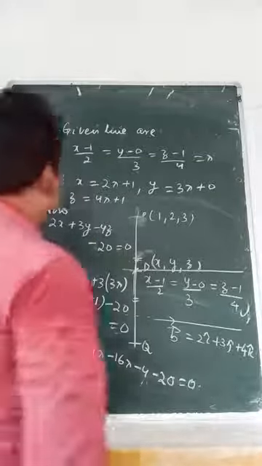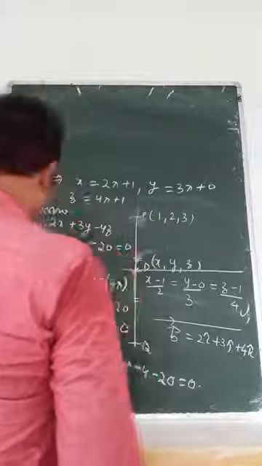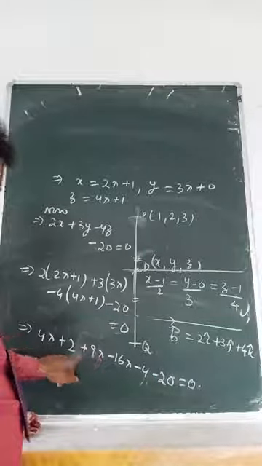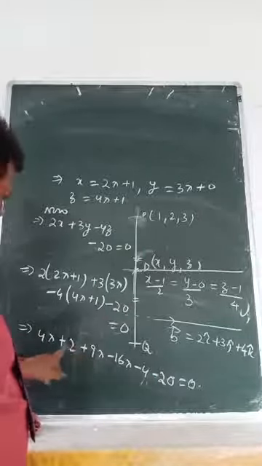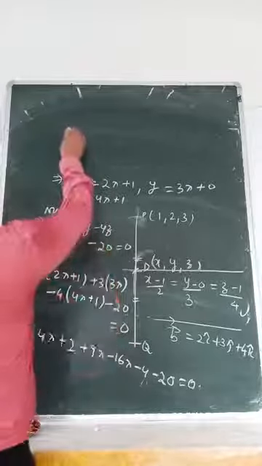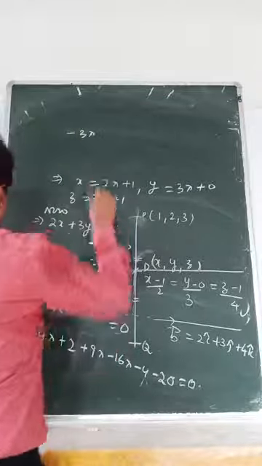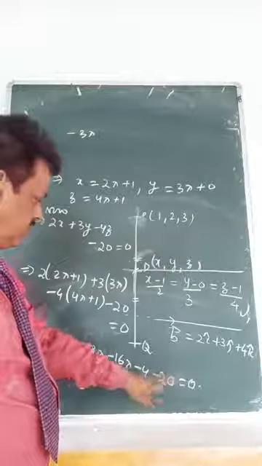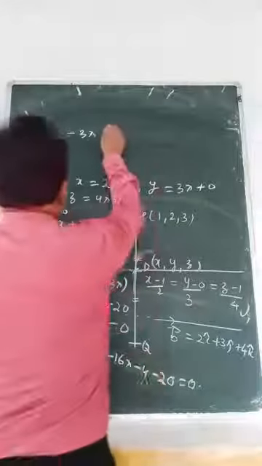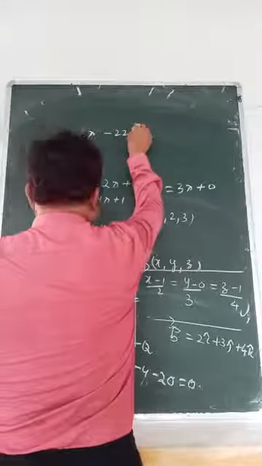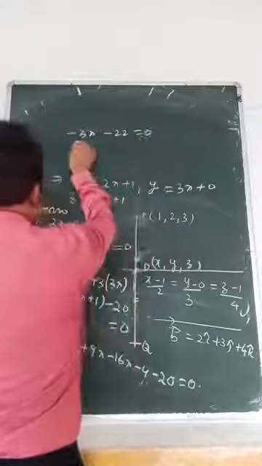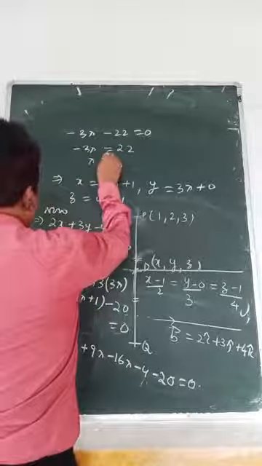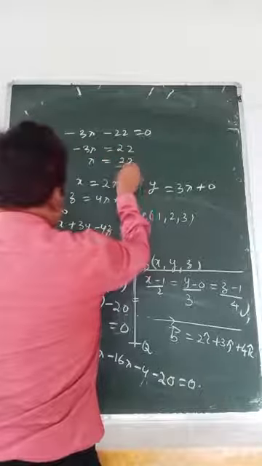If we simplify, minus 3 lambda minus 22 equals 0. So minus 3 lambda equals 22. Lambda is 22 by minus 3.